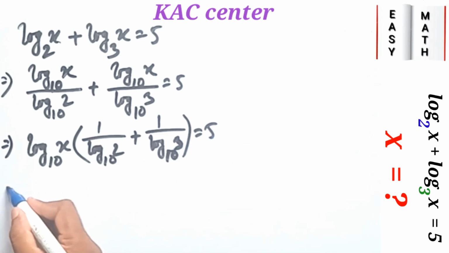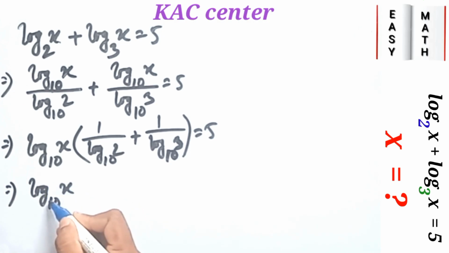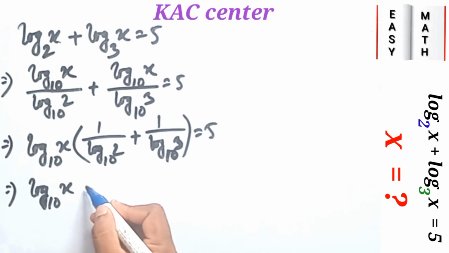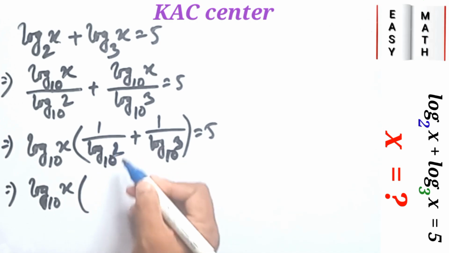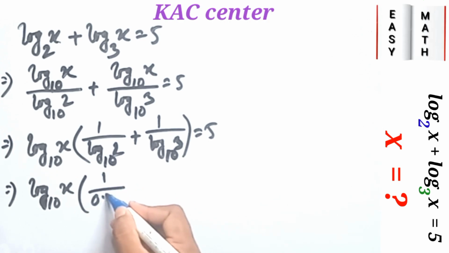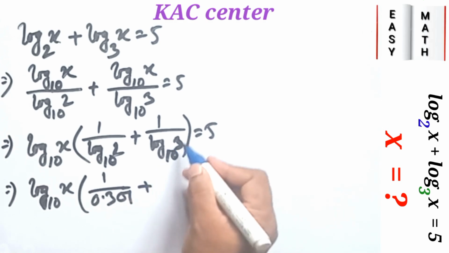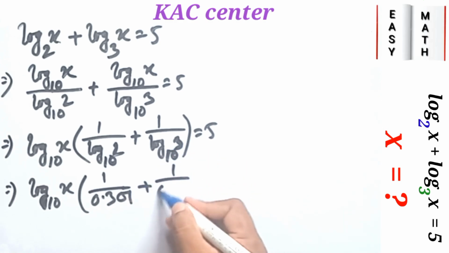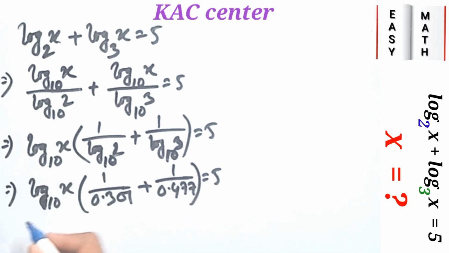And now log base 10 of 2 has a value of 0.301, and log base 10 of 3 has a value of 0.477. So this is equal to 5.